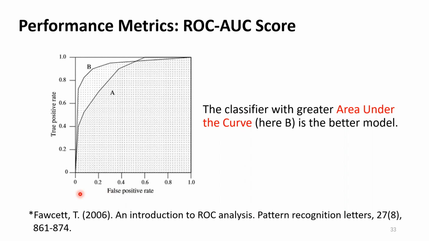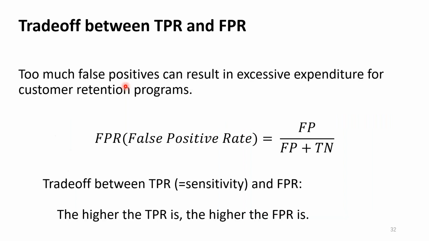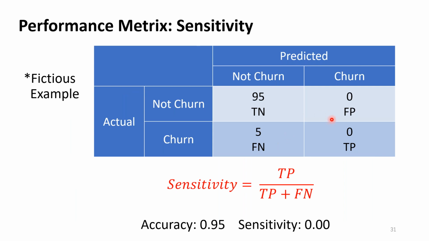I said something about the trade-off between false positive rate and true positive rate, and this happens because of the change of the threshold. When we change the thresholds, the results move from true positives to false negatives, because we can increase or decrease the thresholds.